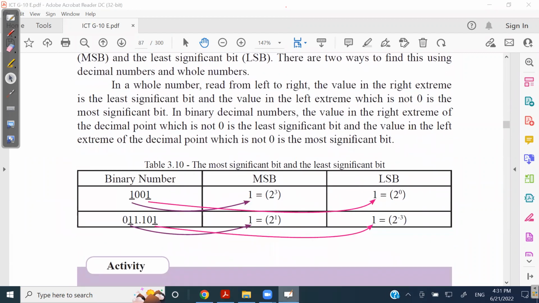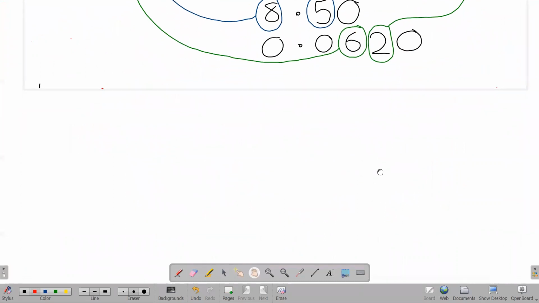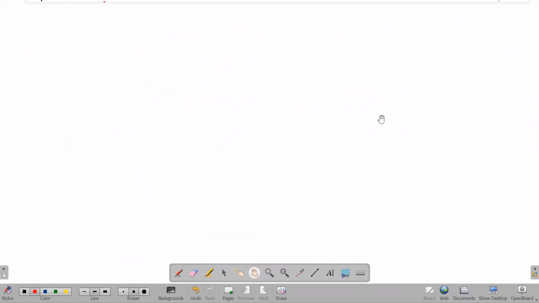So if I take it to our whiteboard, the most significant bit and the least significant bit comprise the binary numbers, right? I'll take it like this.